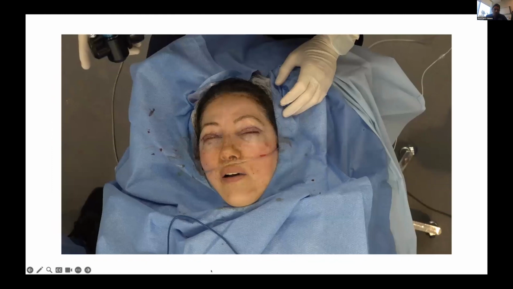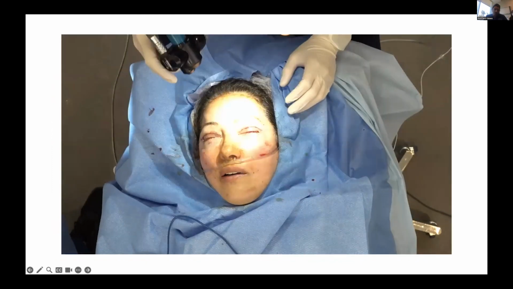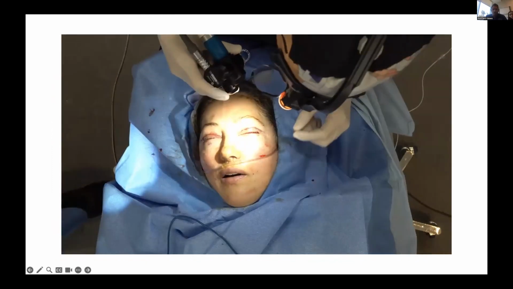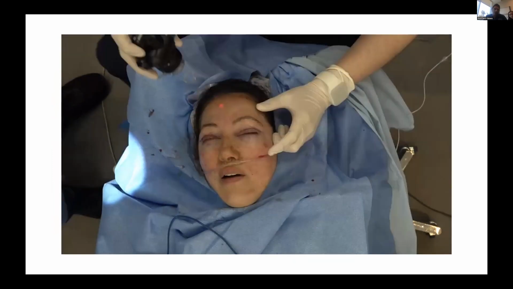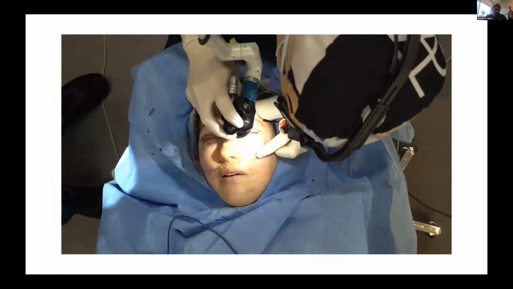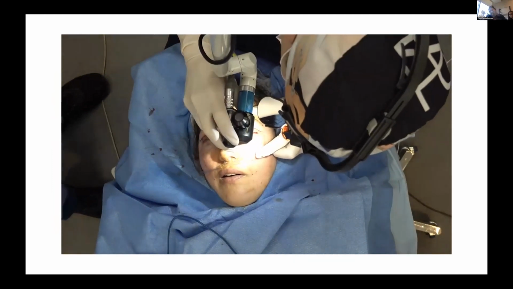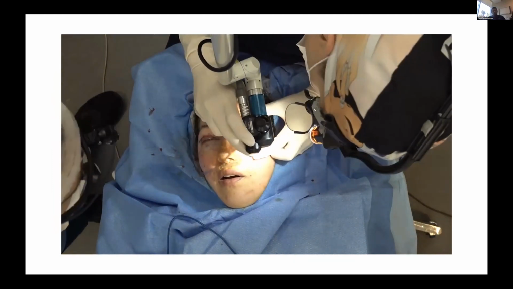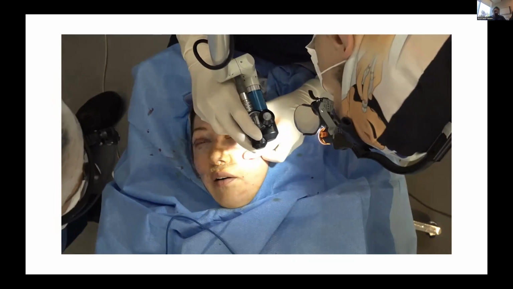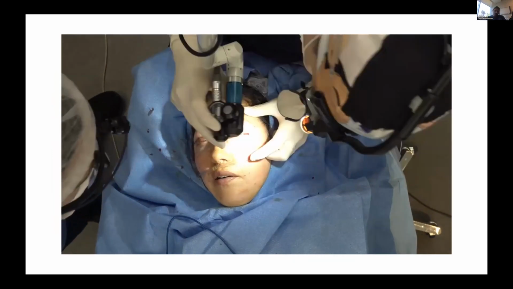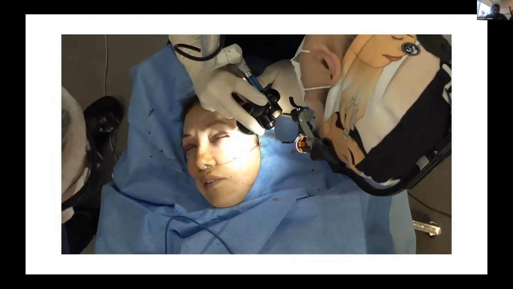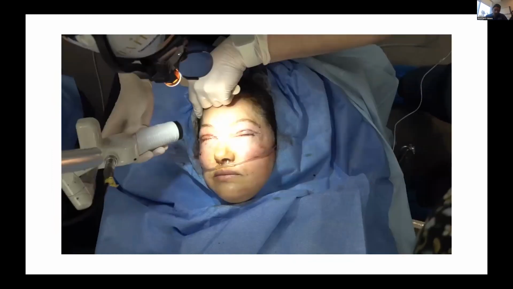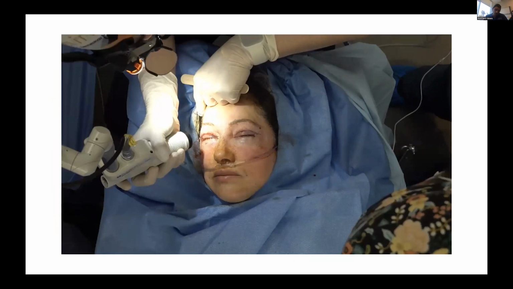After the surgery, here we have the patient, and we do the CO2 laser in order to improve the quality of the skin. So we manage all the layers of the treatment. We treat the skin, subcutaneous, and muscular layers, and the treatment of the bags of the eyes.